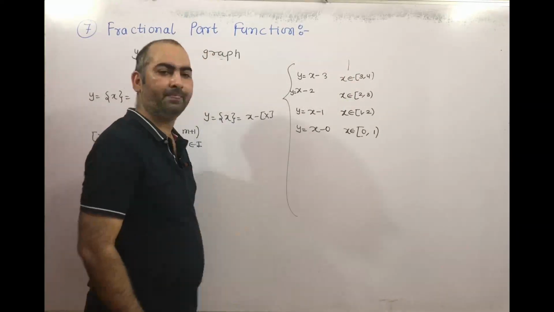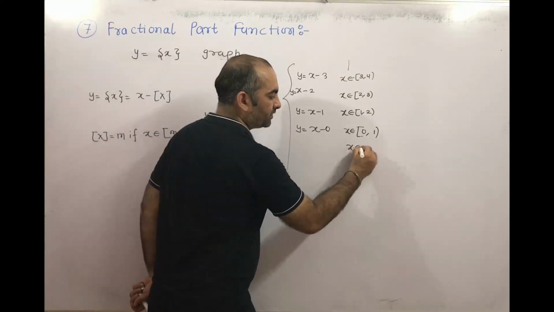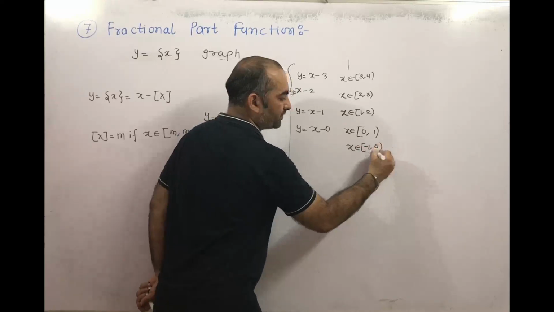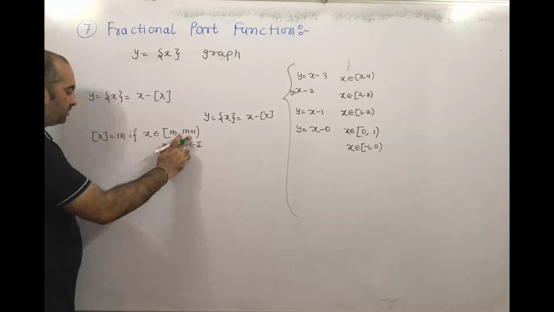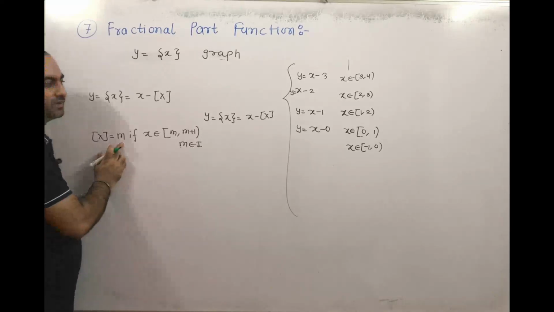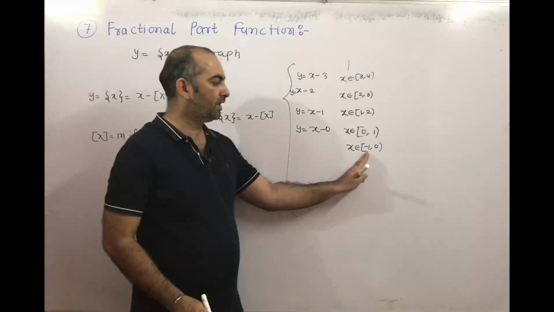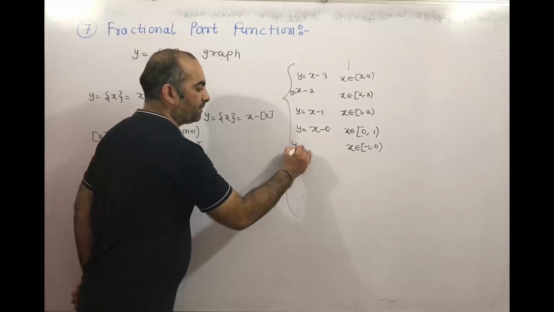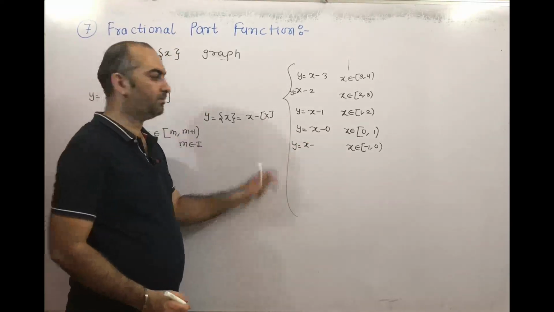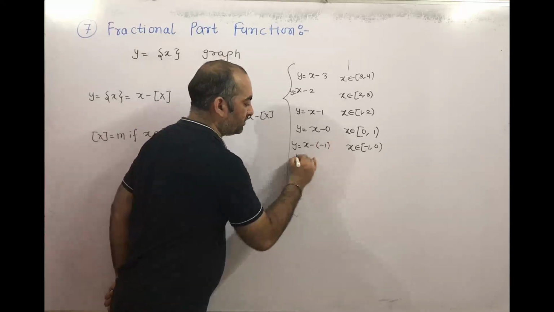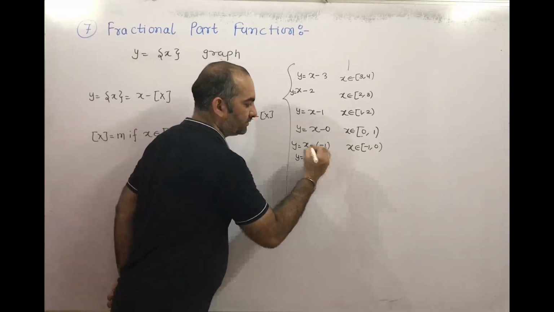Similarly below, if x belongs to minus 1 to 0, m is minus 1, so the greatest integer of x is minus 1. Then y equal to x minus minus 1, which is y equal to x plus 1.